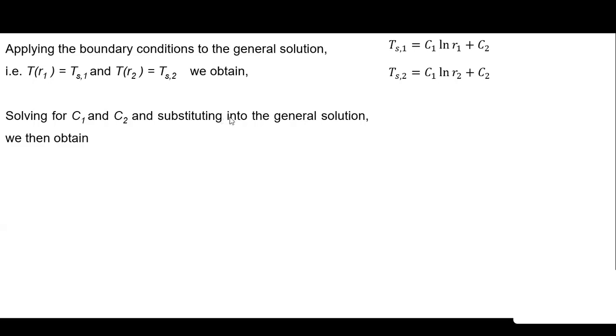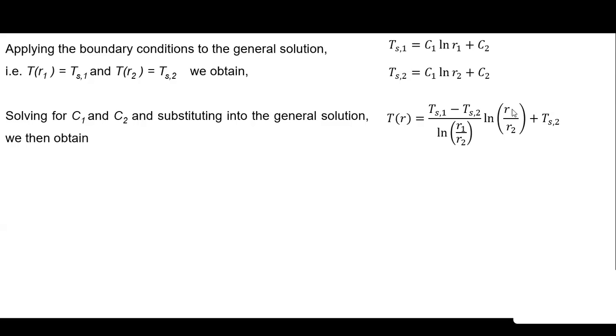Obtaining the C1 and C2 values and substituting back into the general equation results in this equation, which is the temperature distribution equation. It is Ts1 minus Ts2 divided by natural log of R1 upon R2, into natural log of r upon R2, plus Ts2, where r is the radius at which we want the temperature to be calculated.